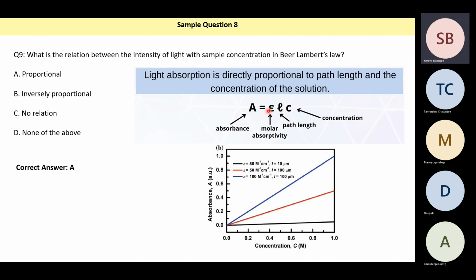Absorbance is equal to epsilon L C, where epsilon is the molar absorptivity, L is the path length, and C is the concentration. So absorbance is directly proportional to the concentration. If you plot absorbance and concentration, you will get a straight line in which the slope is equal to the product of epsilon and L, and the intercept is 0.